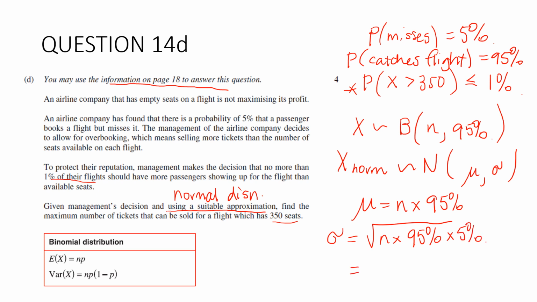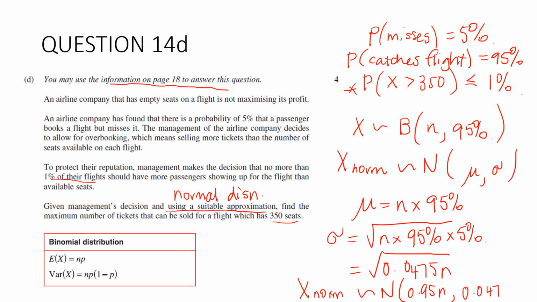And just grabbing my calculator, I'm going to simplify that a little bit. What do we got? 0.95 times 0.05 is 0.0475. So X, the normal approximation, is going to have mean 0.95n and variance 0.0475n.